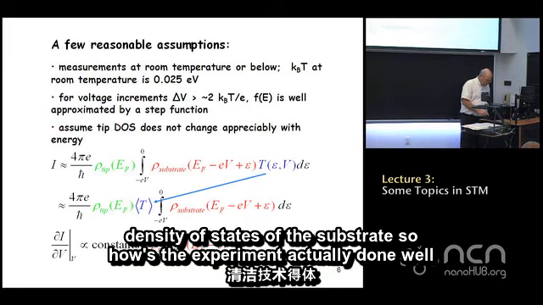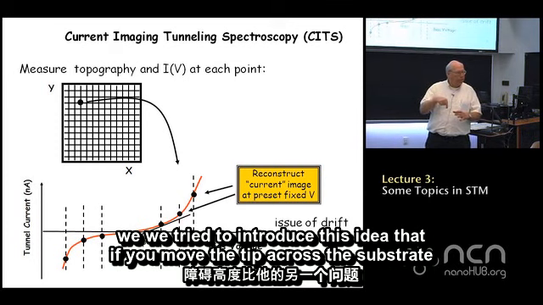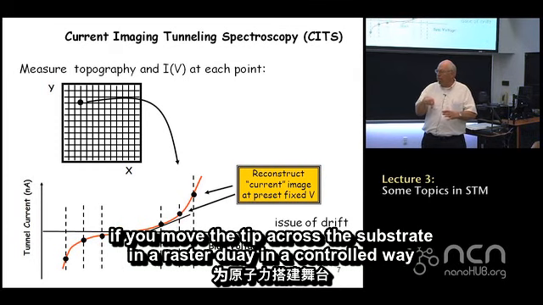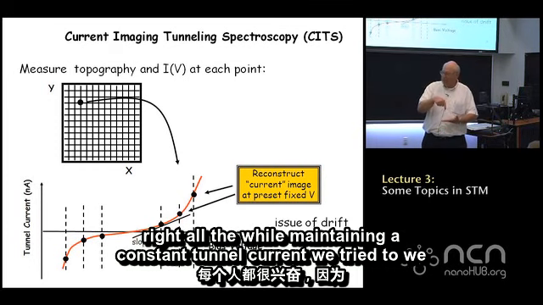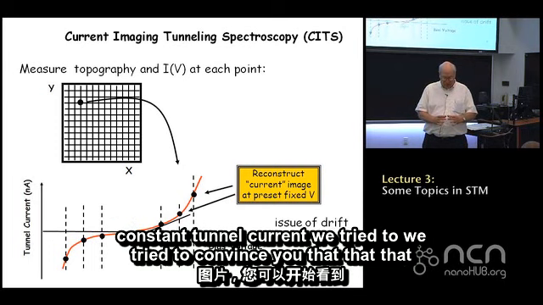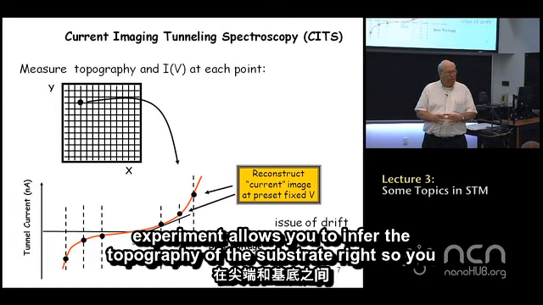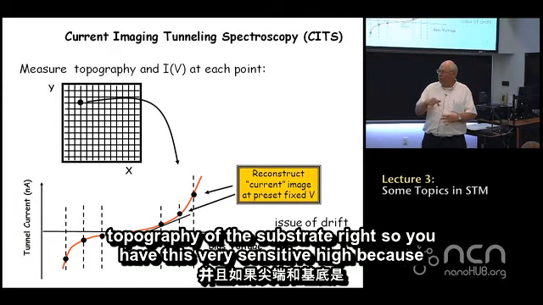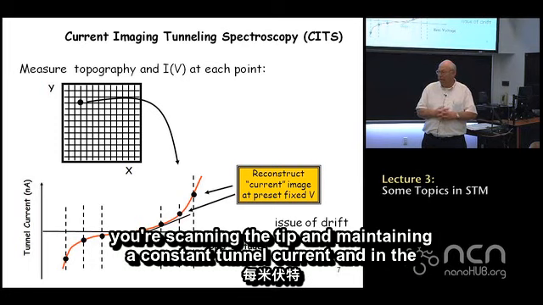So how is the experiment actually done? Well, we tried to introduce this idea that if you move the tip across the substrate in a rastered, controlled way, all the while maintaining a constant tunnel current, that experiment allows you to infer the topography of the substrate, right? So you have this very sensitive height monitor because you're scanning the tip and maintaining a constant tunnel current.